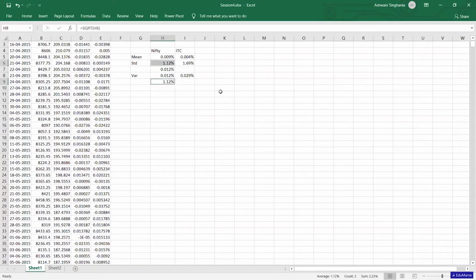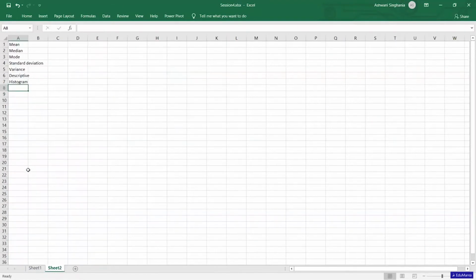So the square of the standard deviation gives us variance, and the square root of variance gives us the standard deviation.